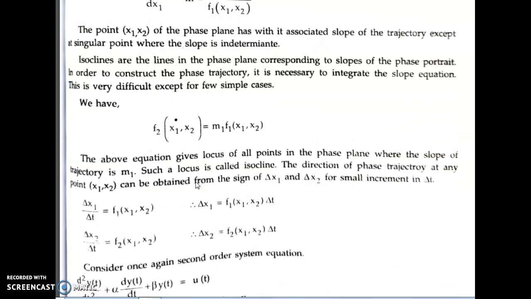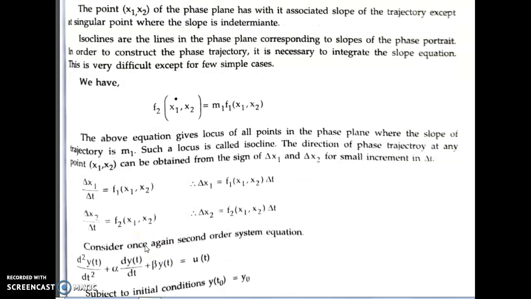Here they have taken delta x1 by delta t, nothing but dx1 by dt, which is a function f1. So dx1 is equal to f1 of x1 comma x2 into dt. Similarly, they have written it for the second function also.